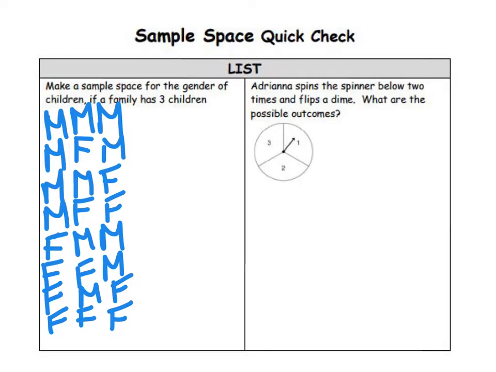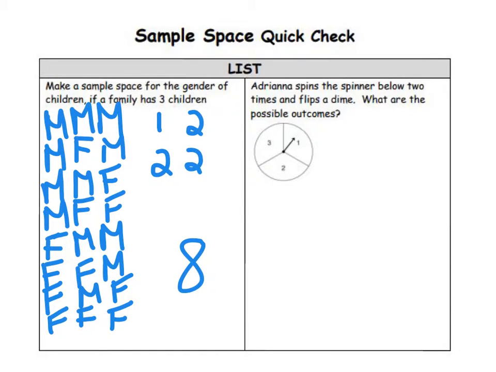So if you look at it, how many combinations do we have? 8. There's 8. And in order for me to check, I could go ahead and do the multiplication. The first child could be male or female, so that's 2 outcomes. The second child could be male or female, so that's 2 outcomes.